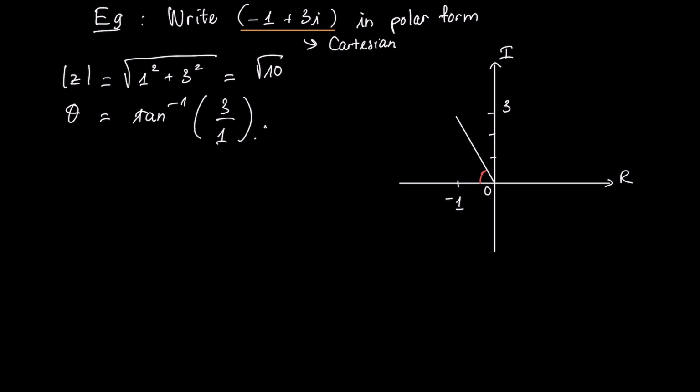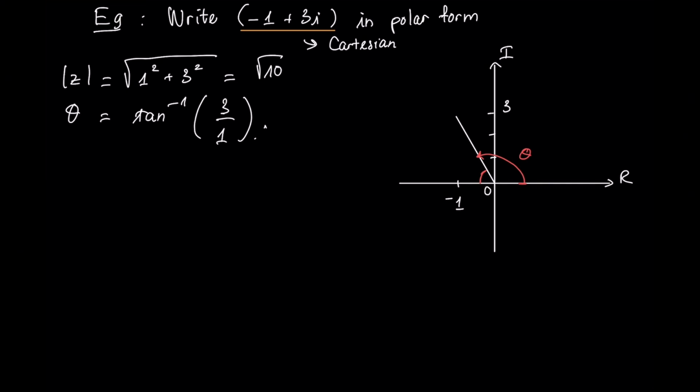However, the argument is the angle that the complex number makes with the real axis, the positive real axis. So actually, the argument has to start from this side. So it is actually this angle.